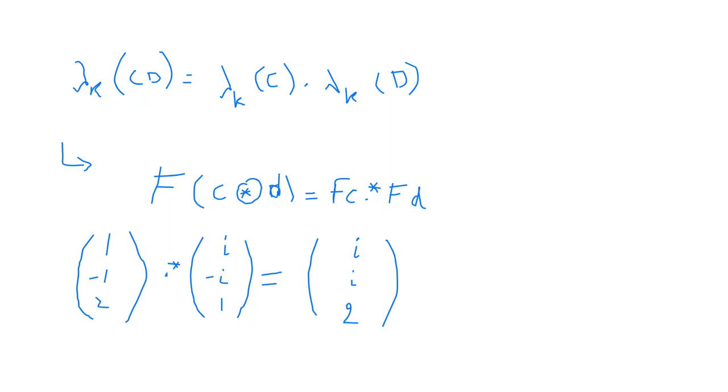So if you have a matrix C with eigenvalues 1, -1, 2, and another matrix D with eigenvalues i, -i, 1, then the product CD has the eigenvalues i, i, 2. Again, by the convolution rule, this is another shortcut to get the eigenvalues if you have a product of two circulant matrices.